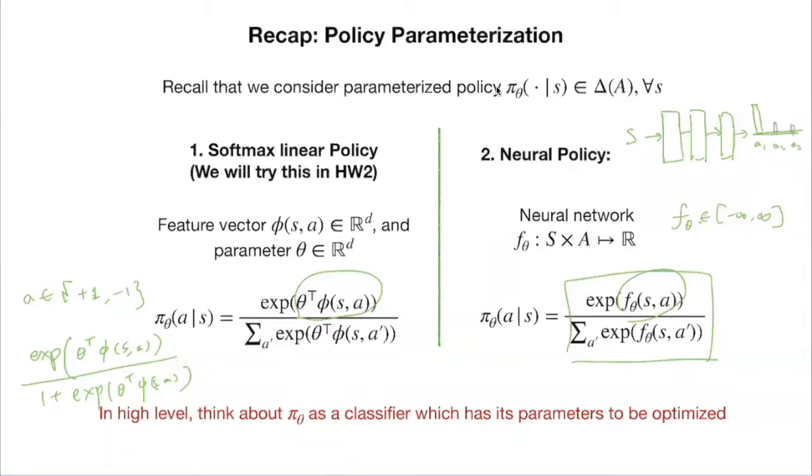Imagine you're doing 3-class classification. This is the neural network you're going to use: you add multiple layers, and then in the last layer you add the softmax. So you output a distribution over actions, over your labels. So at a high level, think about pi theta as a multi-class classifier, which has its own parameters to be optimized.